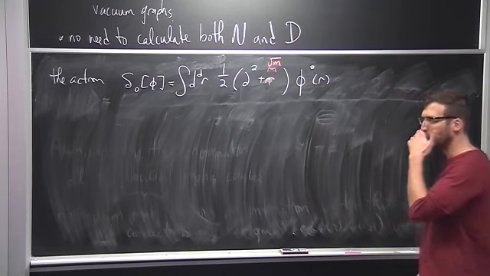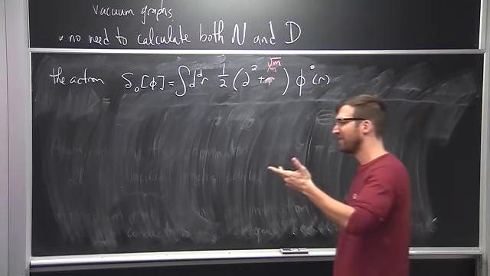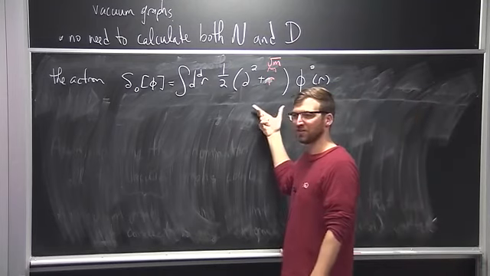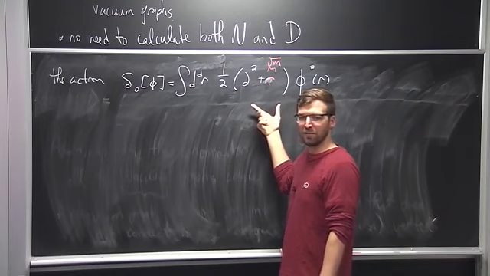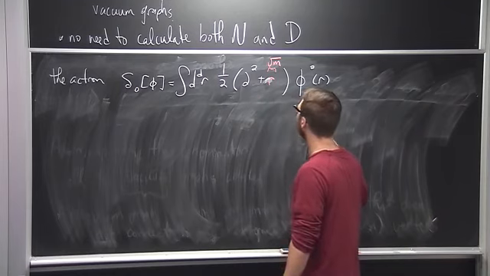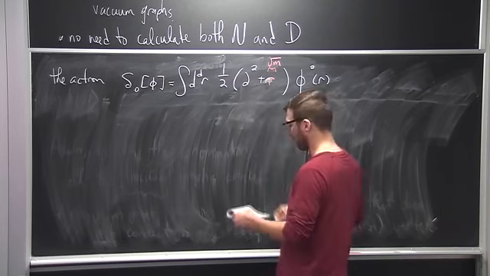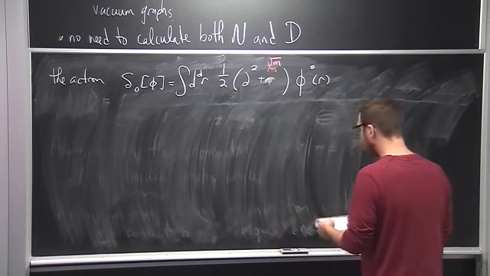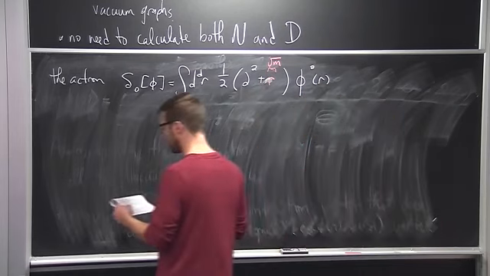So remember, all we need to do is basically invert, take the inverse of this term, but we can't do it in real space because it's written in terms of the derivative operator in these fields. So we do it in terms of momentum space.